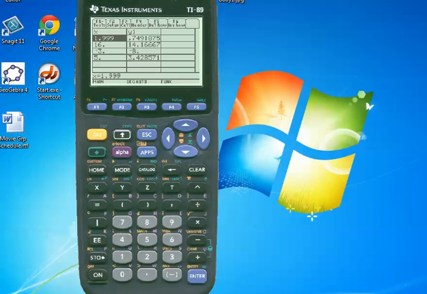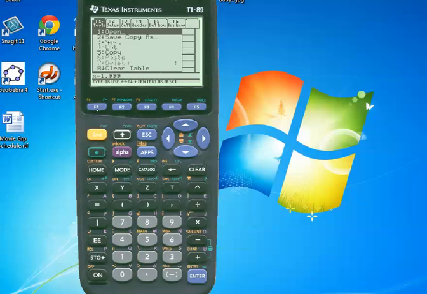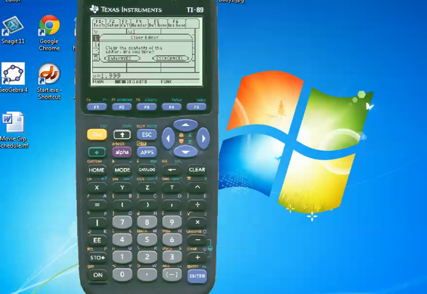So F1 menu has choice 8 to clear the home screen. When you're in a table, F1 choice 8 is to clear the table. It asks you a question, are you really sure you want to clear the table? So you could hit escape to cancel, or enter if that's what you really want to do. So enter clears the table.